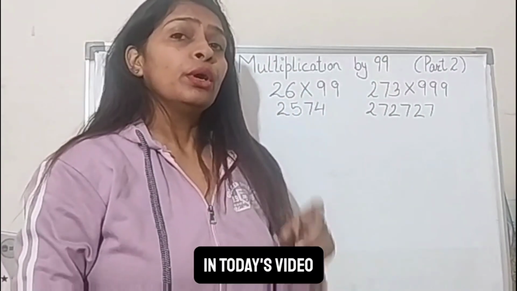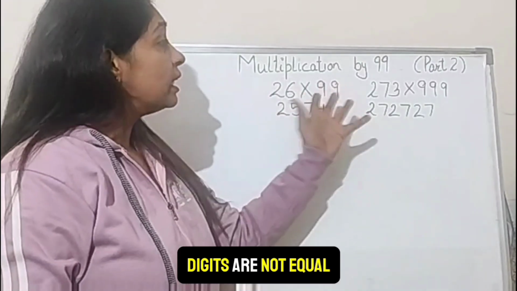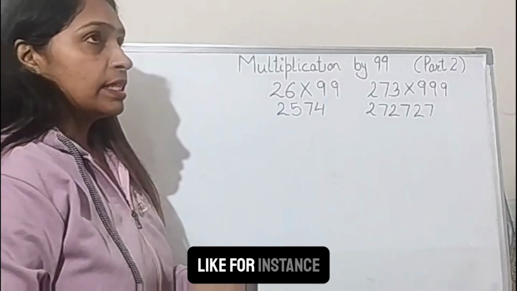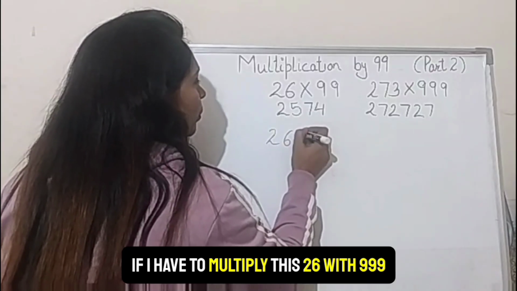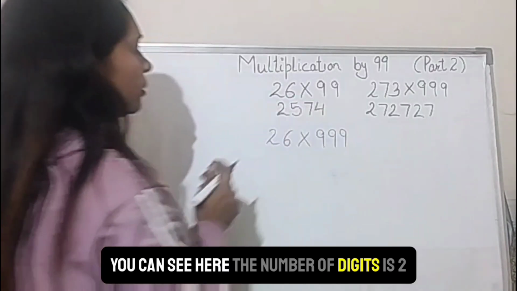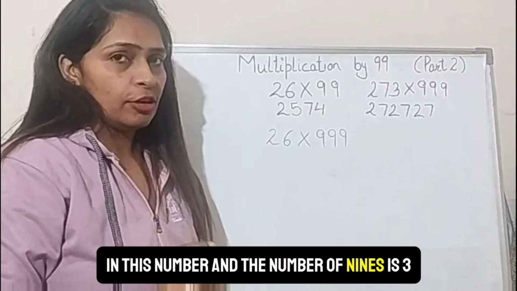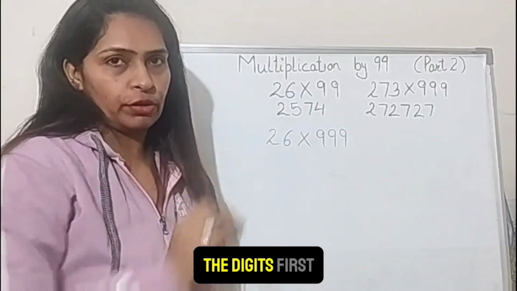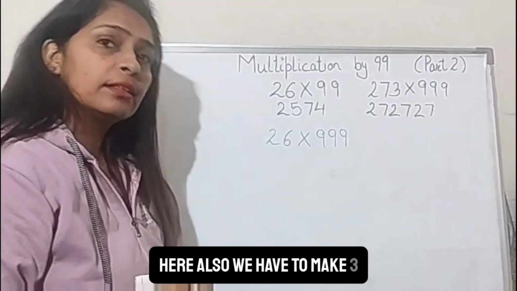In today's video, we are going to see what if the number of digits is not equal. So let's take another example. Like for instance, if I have to multiply 26 with 999. You can see here the number of digits is 2 in this number and the number of nines is 3. So in this case, we need to equalize the digits first. If there are 3 digits, here also we have to make 3.